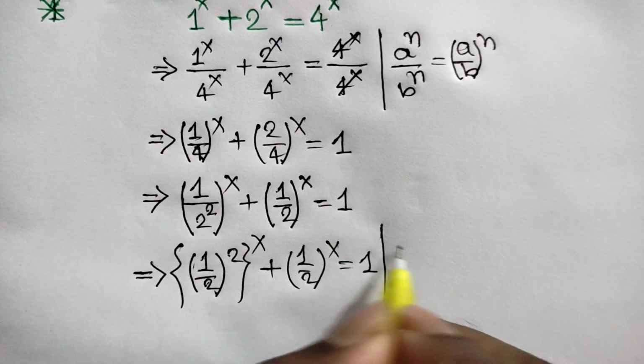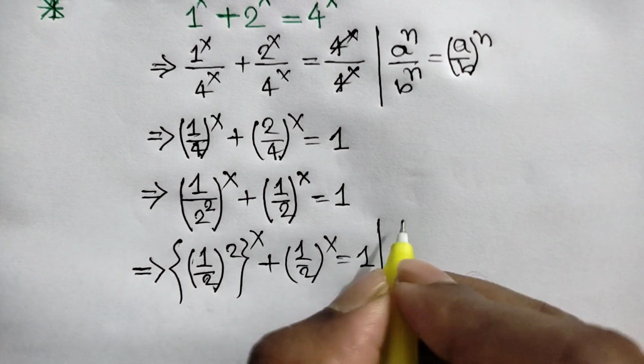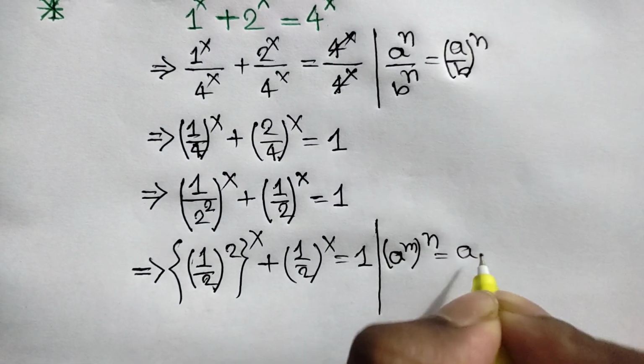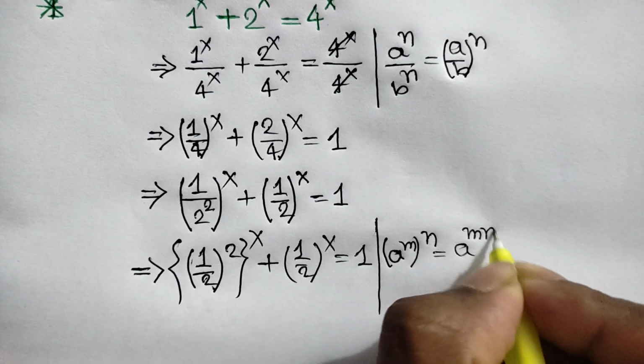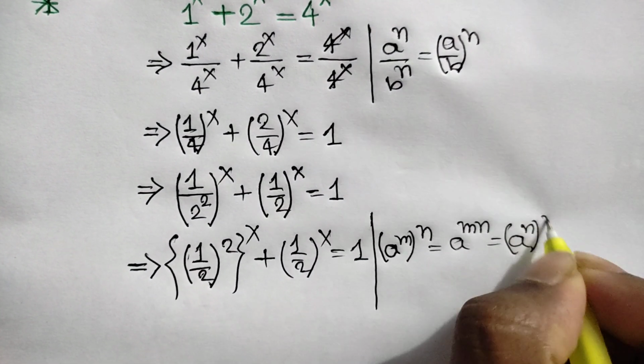Here we can apply this rule: a to the power m whole power n is equal to a to the power mn, which is equal to a to the power n whole power m.